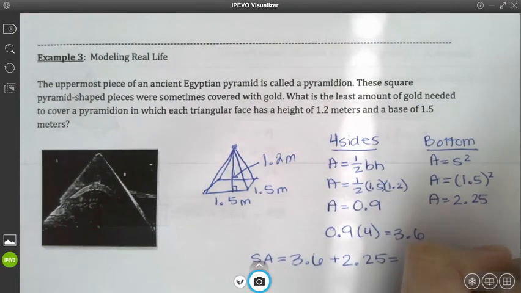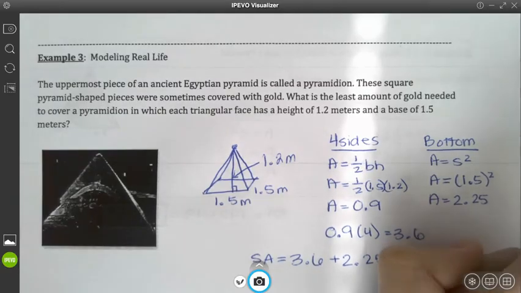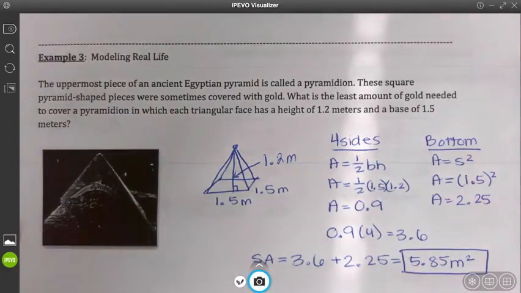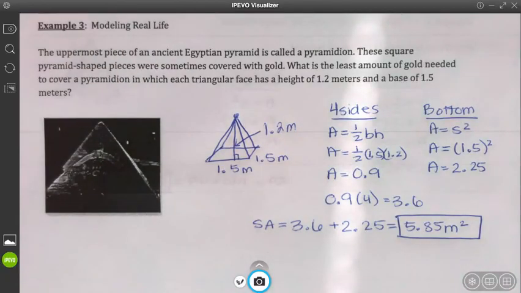And I get 5 85/100 meters squared. And that is the least amount of gold that's needed to cover the entire square pyramid. And that is the end of the 7.6 notes.